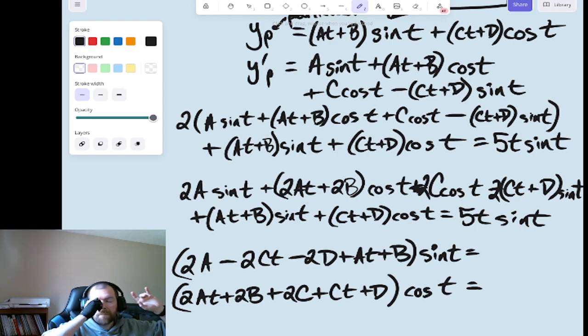Now, we can separate out the two parts into two separate equations, which a lot of people get really bothered by. So if that's you, don't worry, I did too.